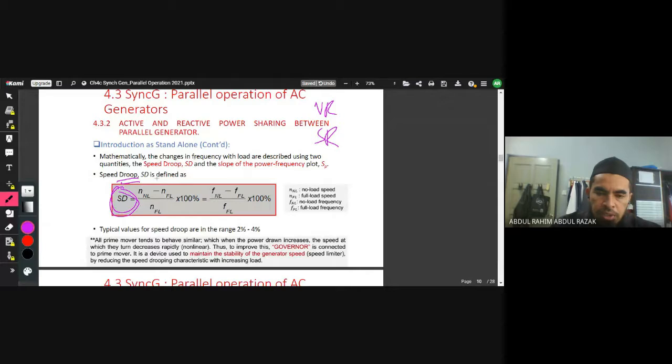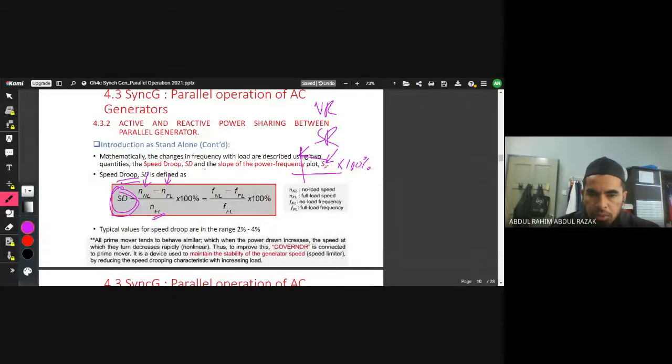So speed drop is defined by the speed that we measure during no load, which is higher, then we put the load up to full load. How much did it reduce? Divide by the full load speed, times 100%. So this is the speed drop. It means the curve of how much speed at no load and how much speed at full load, divided by full load, times 100%.